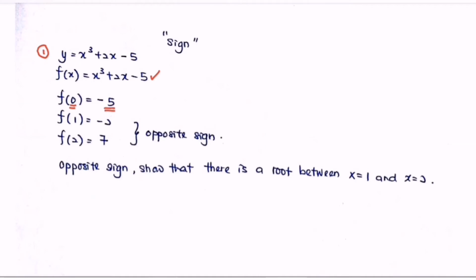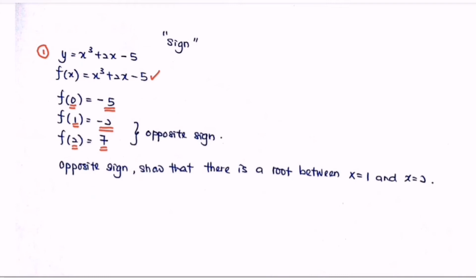Next, I substitute 1. Then we still have a negative value, followed by the third one, where we have the value 7, a positive value. So notice that here we have opposite signs.